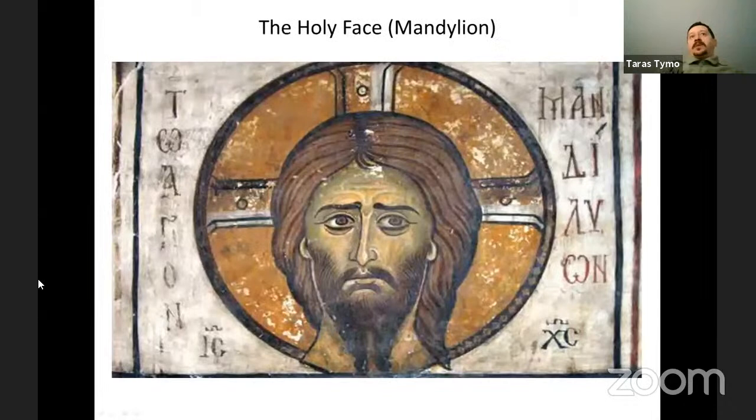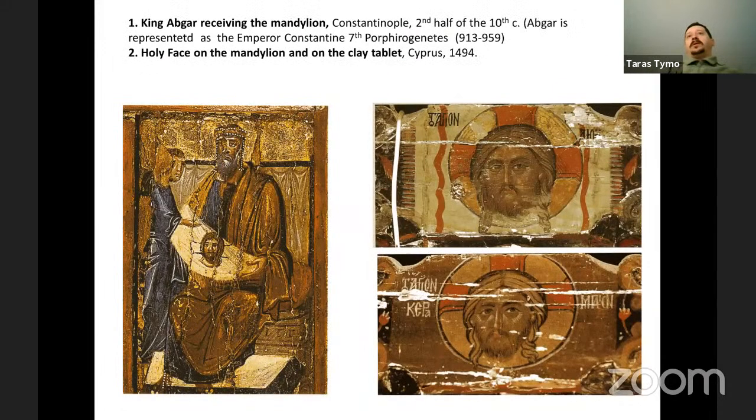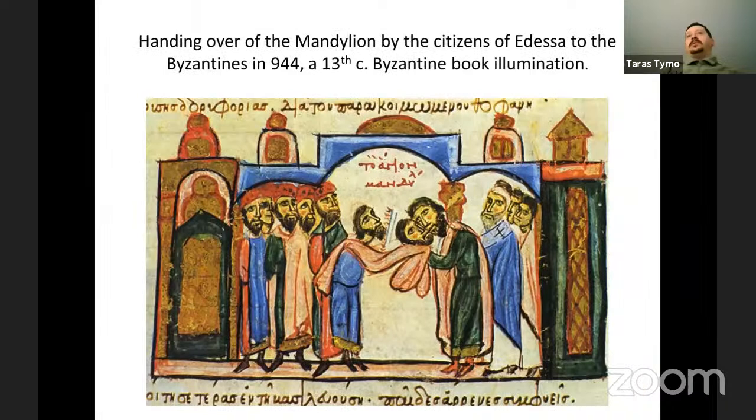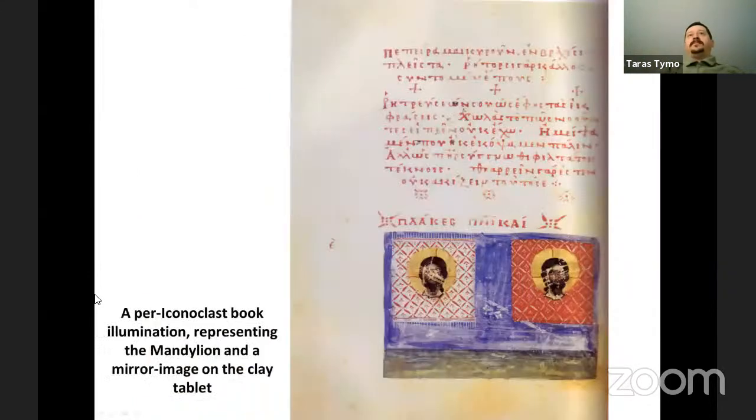This is a traditional icon of the Mandylion. We will come to it a little later. This is the scene of transferring the Mandylion to Constantinople and the emperor greeting the relic and taking it from the envoys from Edessa.